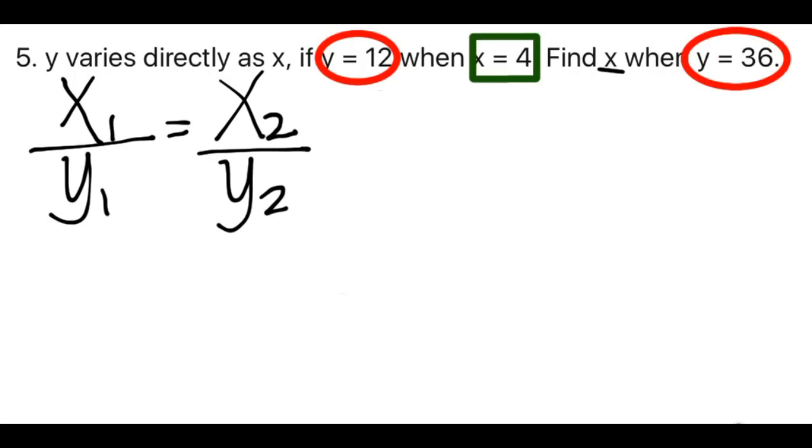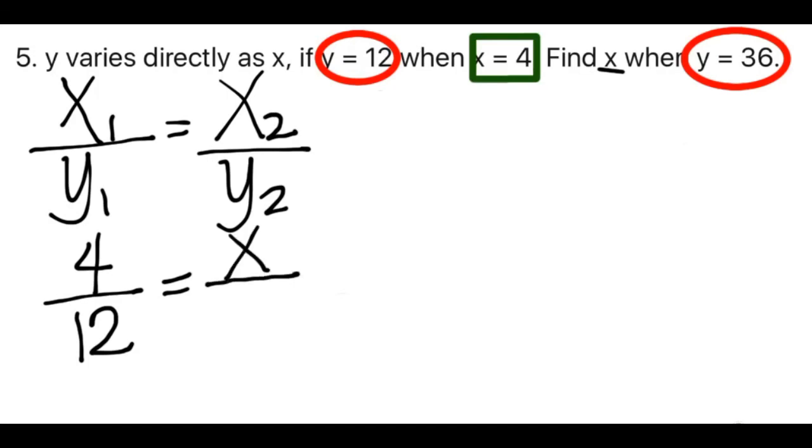So, yung x sub 1, palitan natin ng 4, over yung y sub 1, which is 12, equals yung x sub 2, which is yung hinahanap, so remain as x, over y sub 2, which is 36. And then, we are just going to cross multiply.